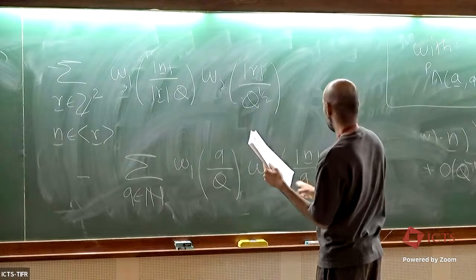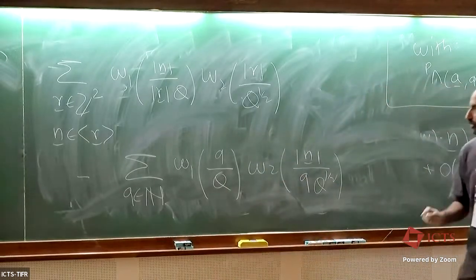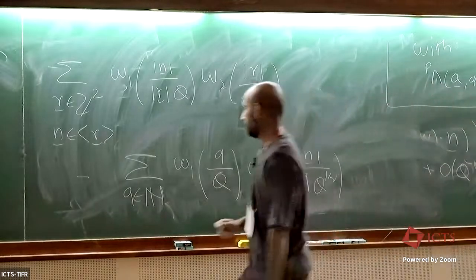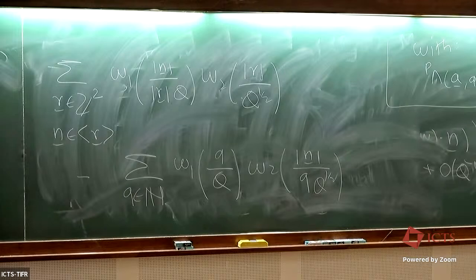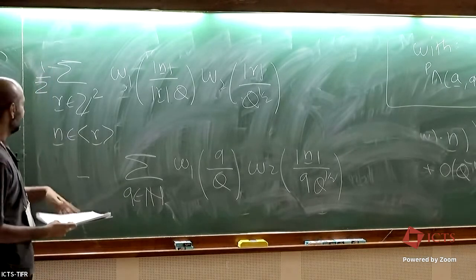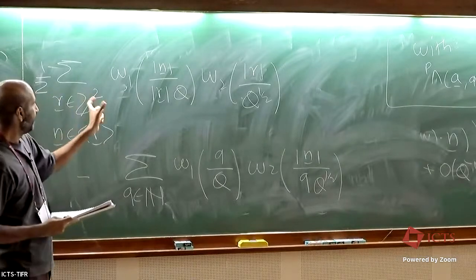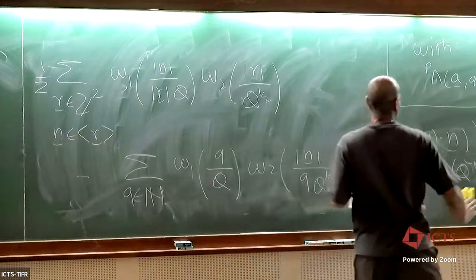So R was n divided by q. So this is the dual expression in both these divisors. And the only thing is that I need to add a half here because there are two different lattices that give me the same condition. So this is why that half is there.